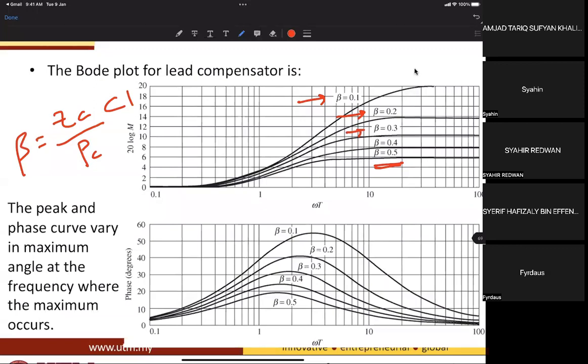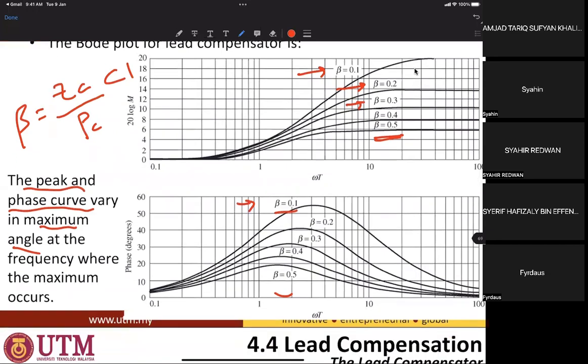And then the beta, also the phase curve varies from 0.1 to 0.5. So the peak in the phase curve varies in the maximum angle. So there is a maximum angle, okay, at the frequency where the maximum occurs. There is a minimum and maximum, so you must operate within that particular range.